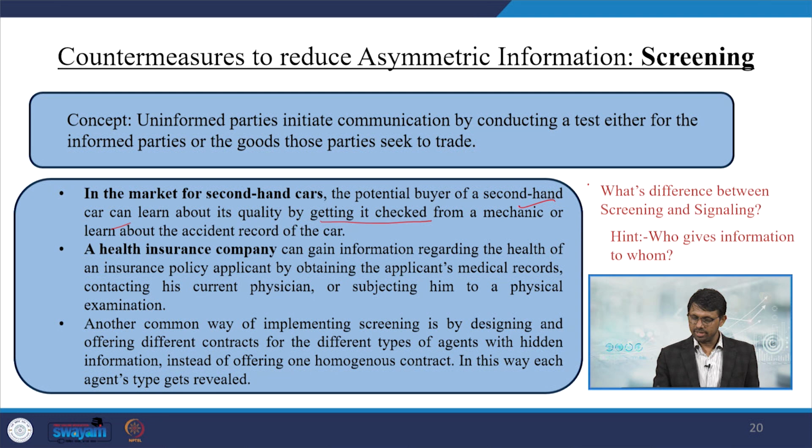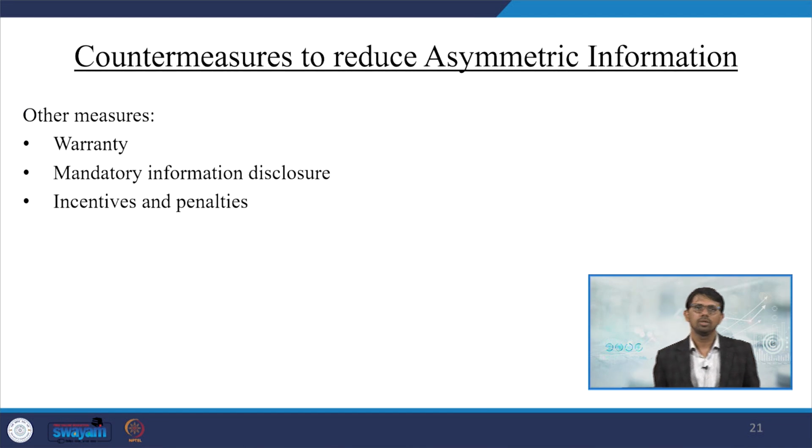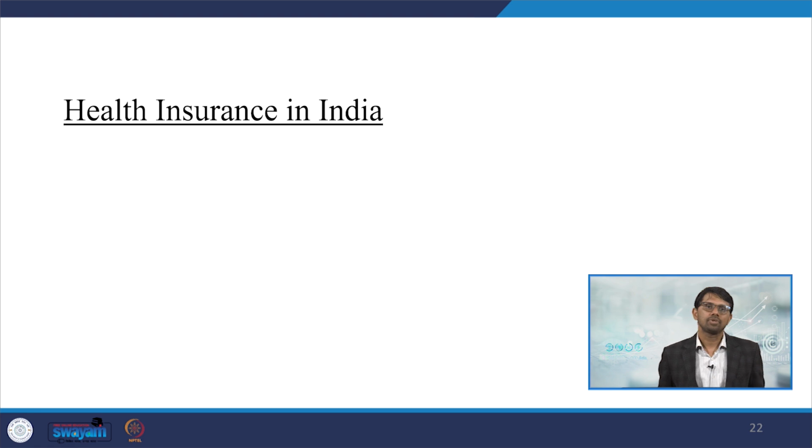The difference between screening and signaling is who gives information to whom. There you can find the clarity. Similarly, other measures to counter information asymmetry are warranty, mandatory information disclosure, incentives and penalties, etc.